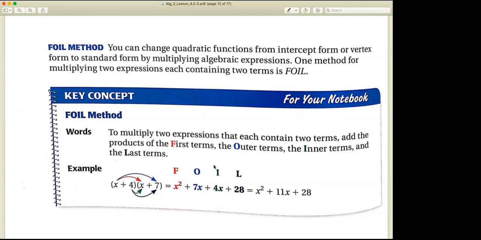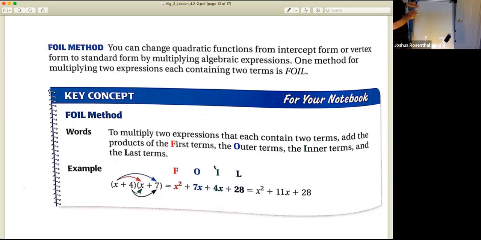At least with SOHCAHTOA. The property that's always true is the distributive property. So it's just distribution. It's the same old idea of distributing.